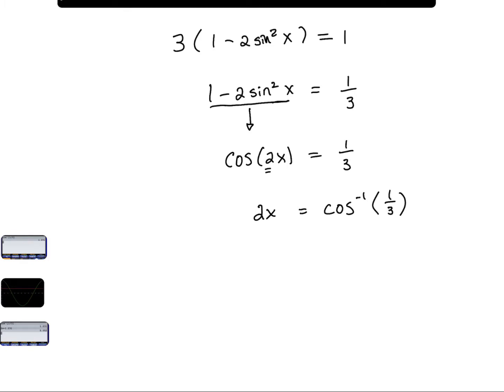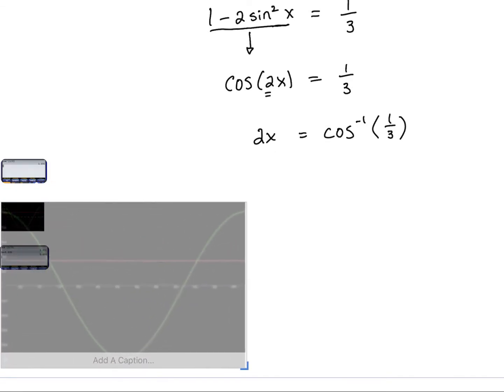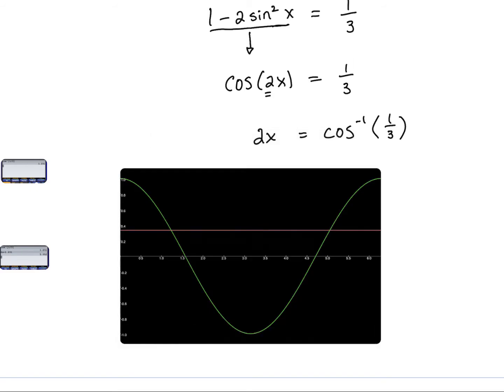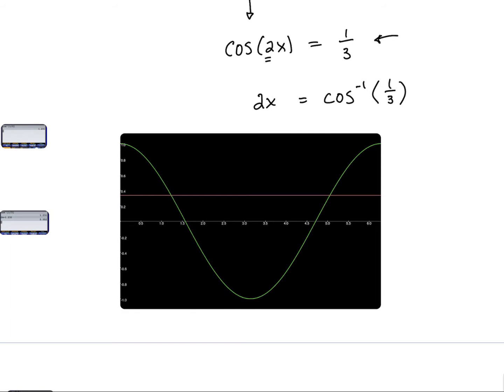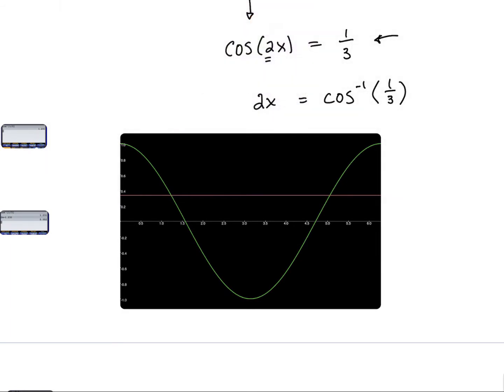And if you take a look at just the graph of cosine, so this line right here is saying if you look at the cosine function, when does it equal 1/3? That would be right here.